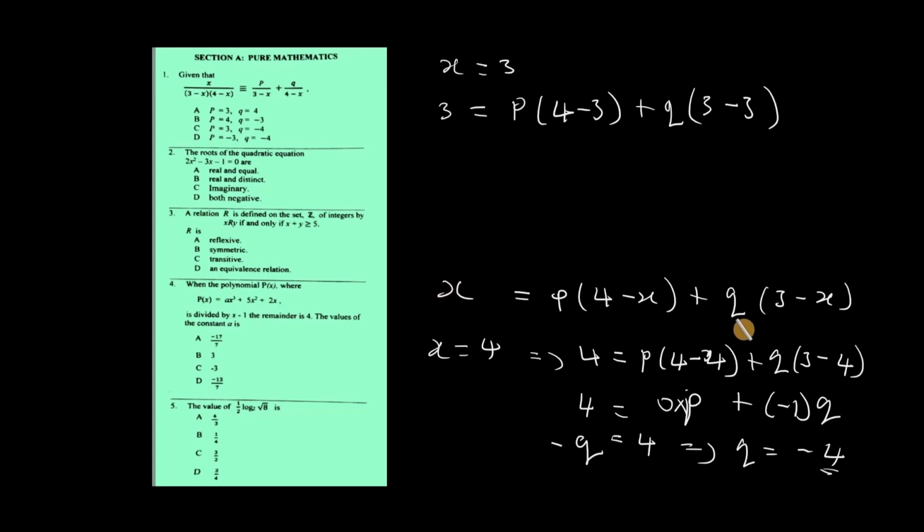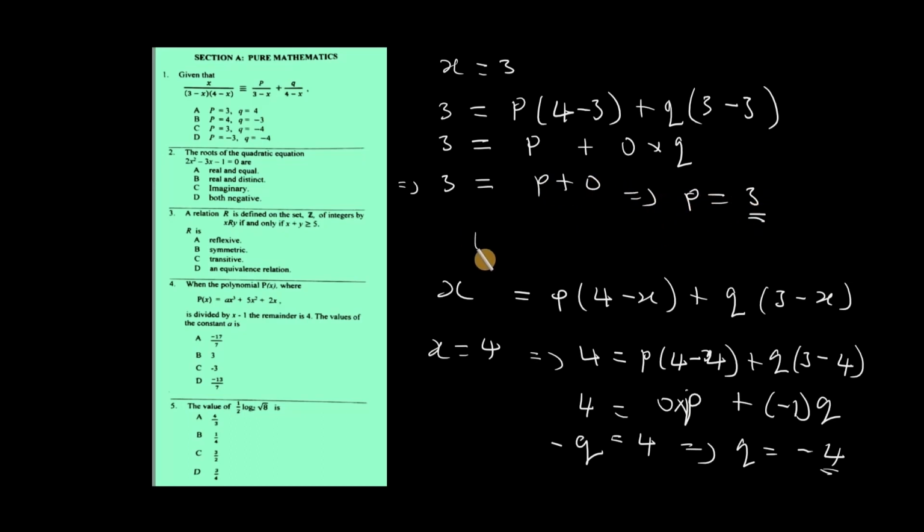Here I'll have 3 is equal to p times 1, because 4 minus 3 is 1, plus 0 times q, because 3 minus 3 is 0. Now 0 times q is 0. So 3 is equal to p plus 0. It means p is equal to 3.